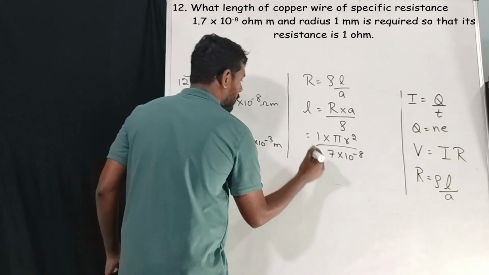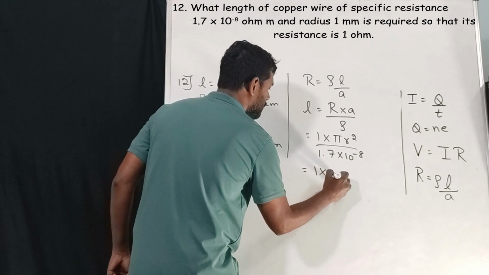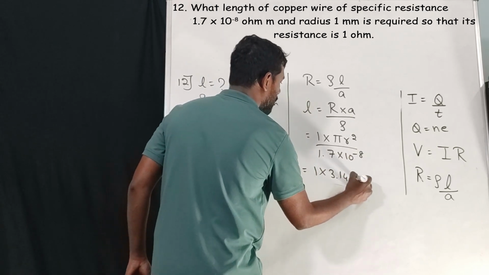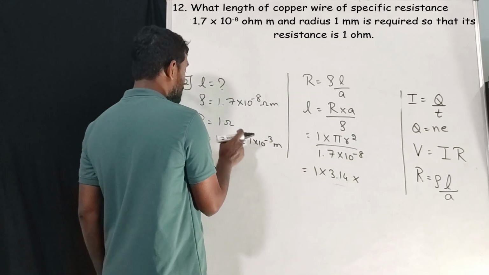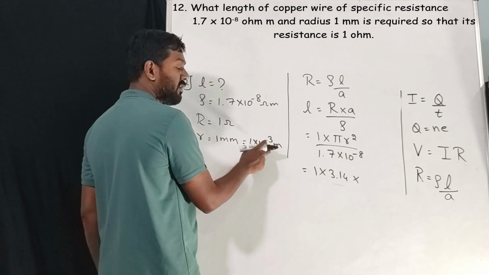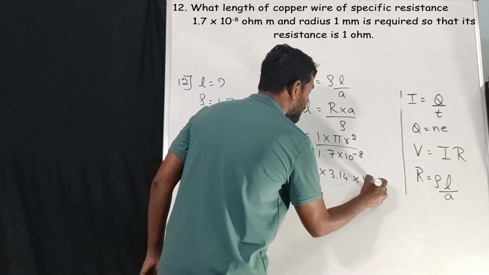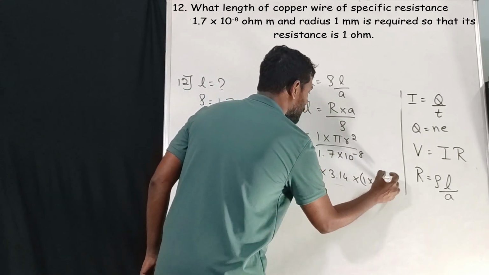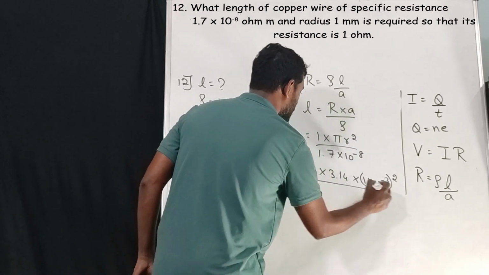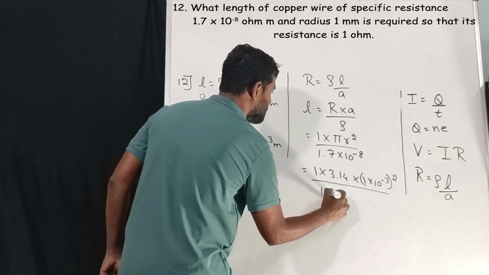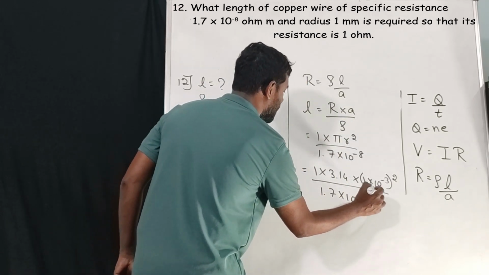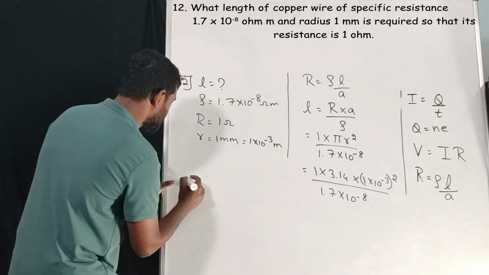Now listen, 1 into pi value 3.14 into R. R is nothing but 1 mm. So you should not take millimeter, you should take the value in terms of meter, that is 1 into 10 power minus 3 meter whole square by 1.7 into 10 power minus 8, correct? I'll write all these things here.